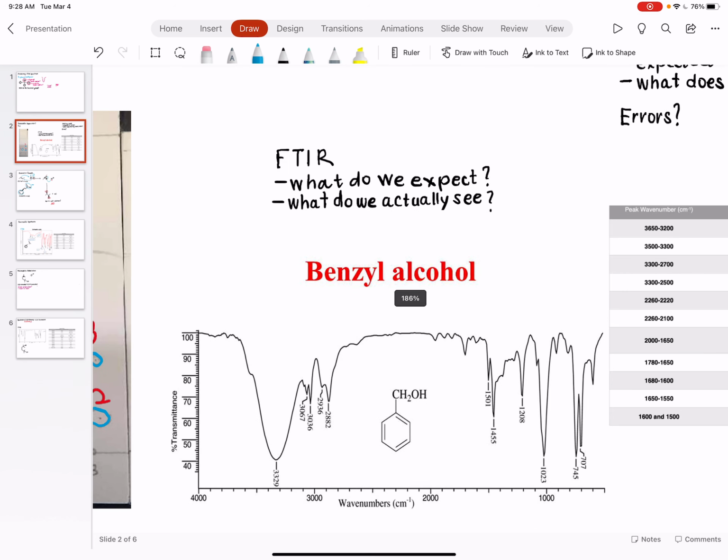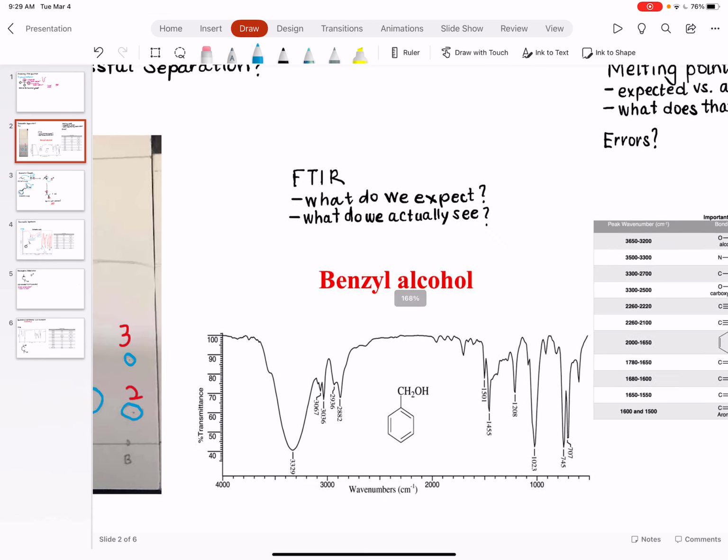Moving on to FTIR here, this is an example, benzyl alcohol, very similar functional groups to benzoic acid, so you can easily apply it to your FTIR spectrum of benzoic acid and even 9-fluoronon as well. So I have the structure drawn on the FTIR spectrum. Make sure you include that as well on yours.